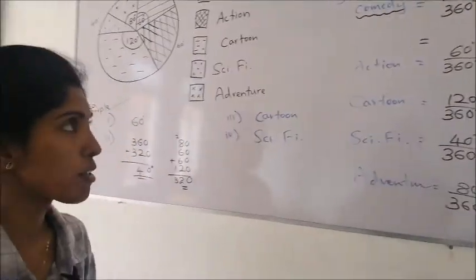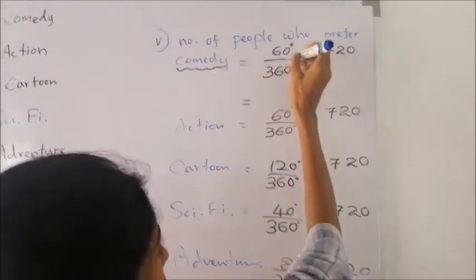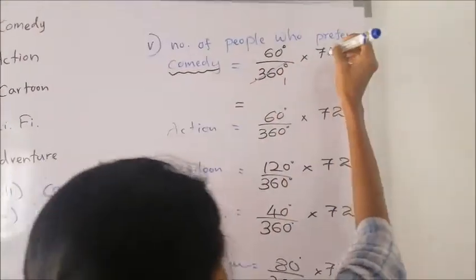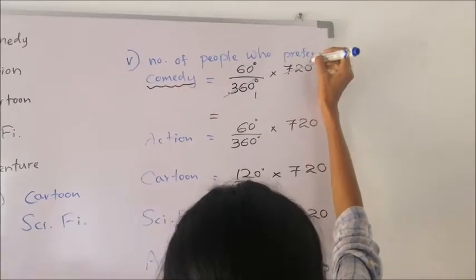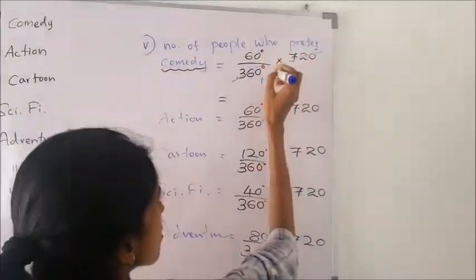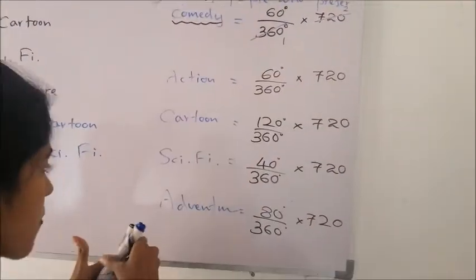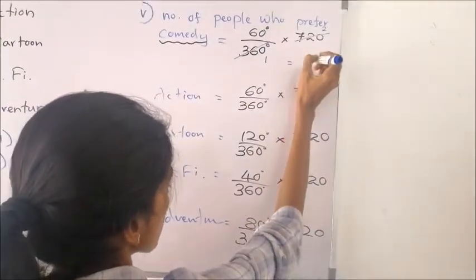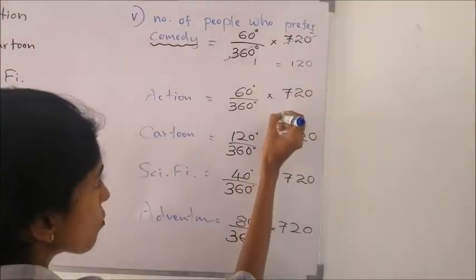Right. Now we will simplify. 360 times 1, here 360 times 2. So 2 times 6 is 12. 120 people like comedy movies.